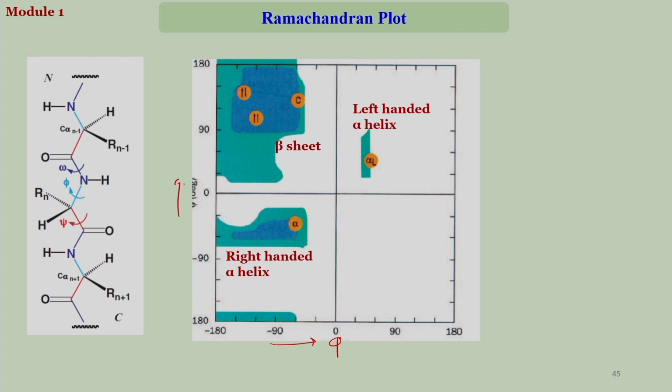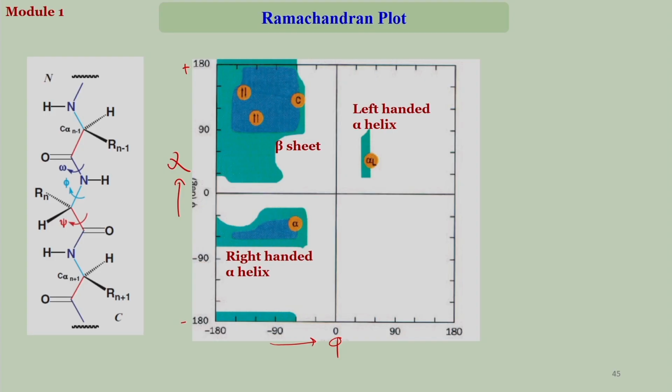Similarly, psi goes from minus 180 to plus 180, again a 360-degree rotation. If you rotate them simultaneously, or keep one fixed and rotate the other, you will have a plot like this, where these colored points tell you which rotations are energetically allowed.